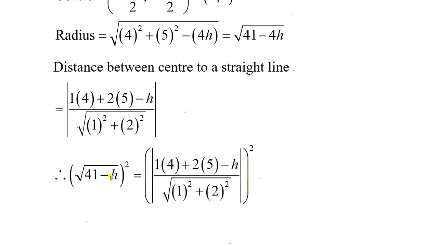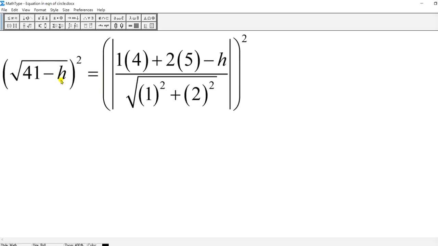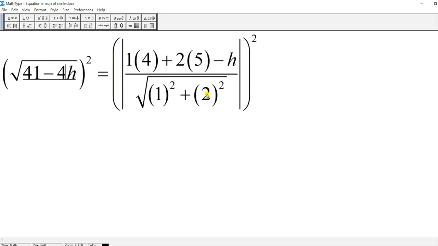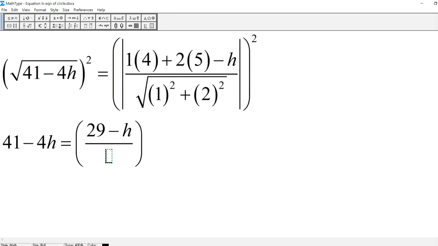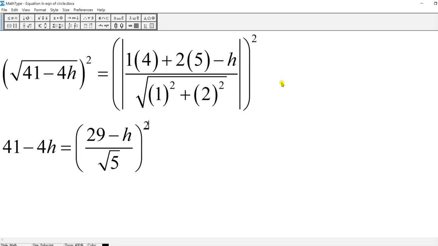Here, this will be 41 minus 4h. Sorry, 41 minus 4h. There's a typo, sorry. So here, 41 minus 4h equals, again, bracket 29 minus h over square root 5, and then bracket squared. So 5 times (41 minus 4h) will equal (29 minus h) bracket squared.